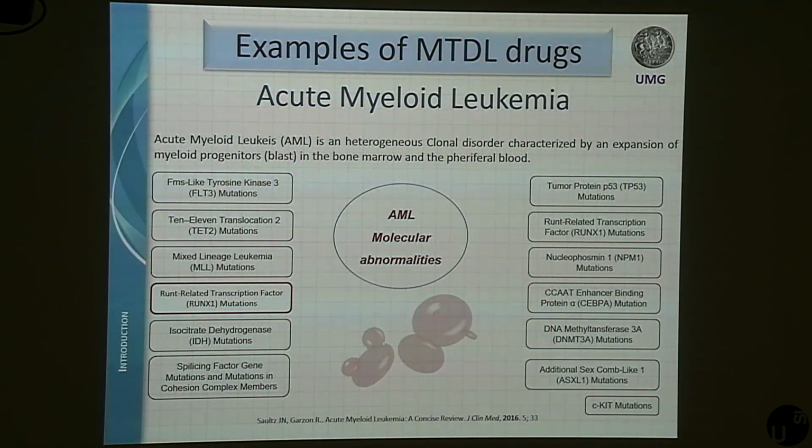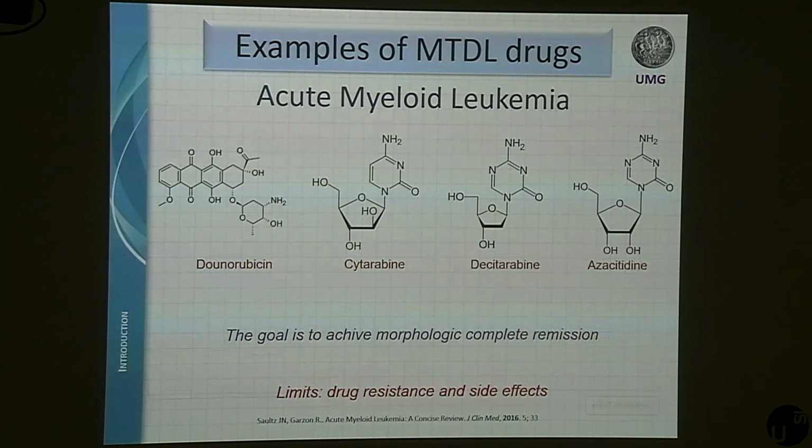Another one, for example, is related to acute myeloid leukemia, a cancer that has a lot of partners involved and, by definition, is a complex disease. We have a set of, let's say, traditional chemotherapy agents that were used, but most of them are affected by drug resistance because they probably don't act against multiple targets.